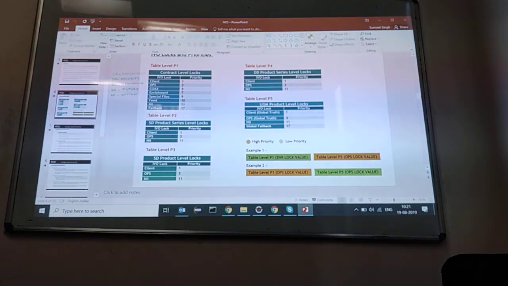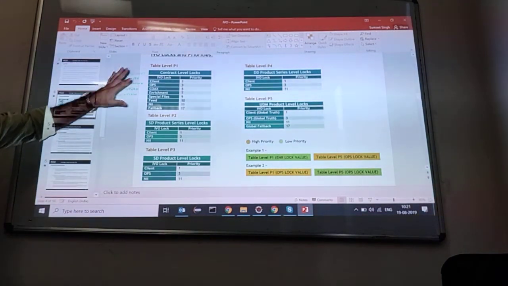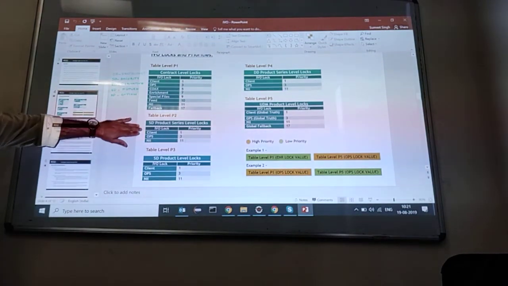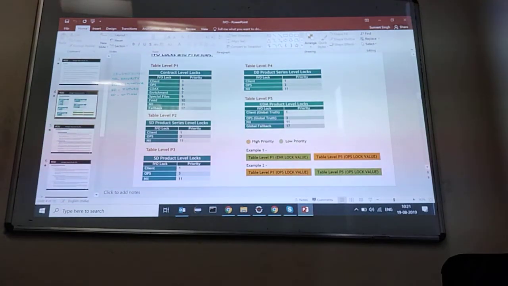So these 5 tables are included in these contract level locks. Then comes SD product series. What is series basically? Sometimes feed data comes with a specific series, which means data defined for that particular series.